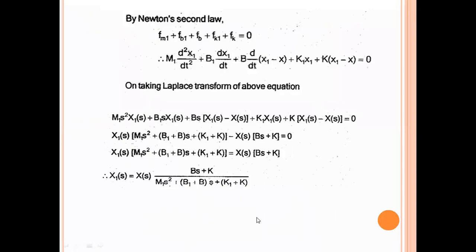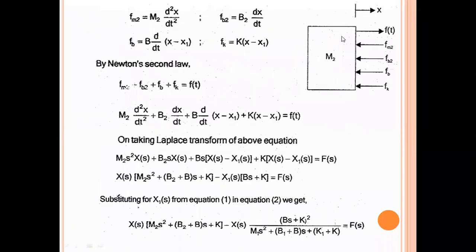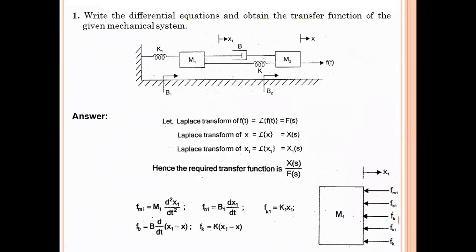Next, at mass m2, we need to draw a free body diagram again. Now look at the diagram. How many forces are acting on m2? The input applied force is acting. Next, the force due to friction B2, which is the second force, an opposing force, and the force due to its own mass, Fm2, the force due to K, which is Fk, and the force due to B, which is Fb.